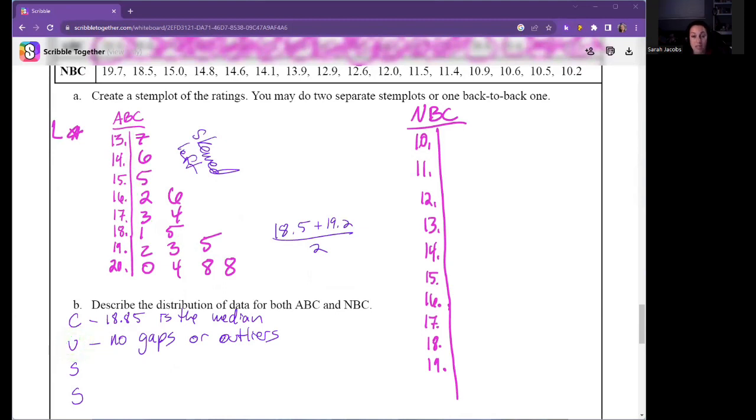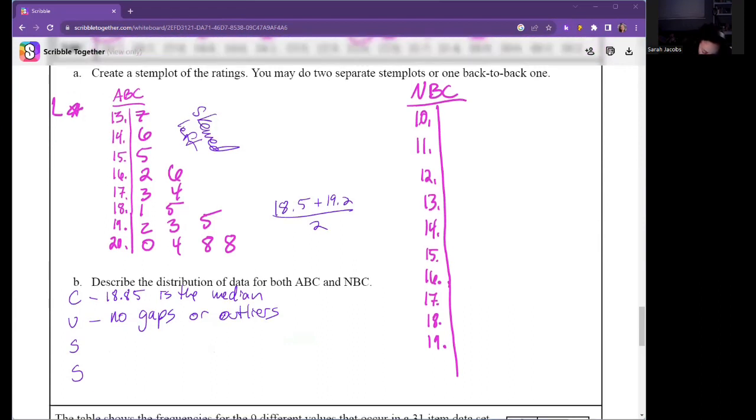If you don't see gaps or outliers, you still have to address and say no gaps or outliers. You still have to address the absence of any unusual features to show that, okay, I'm checking for unusuals. Shape we already talked about is skewed left. If you want to get tricksy, fancy, you can say unimodal, because we really just have that one bump.